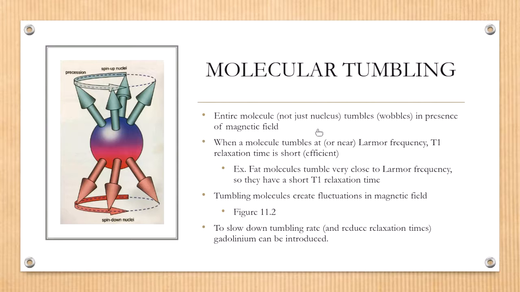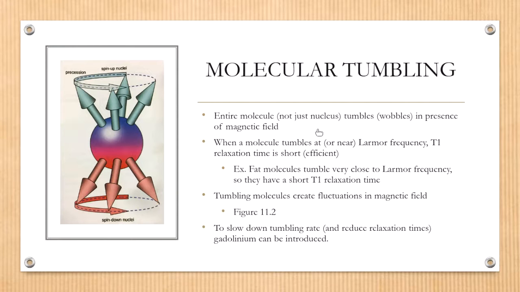So when we are running T1 sequences, the fat molecules are going to produce a much stronger signal because they have been allowed to relax quite a bit before we push the next RF excitation pulse in. And as we recall, if a net magnetic vector is in the longitudinal plane before it is pushed into the transverse plane, the more it is in the longitudinal plane, the stronger our signal in the transverse plane will be, and vice versa. Now, the tumbling molecules are going to actually create fluctuations in the magnetic field.